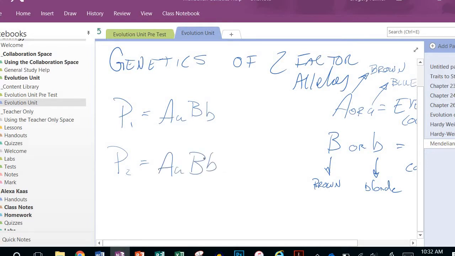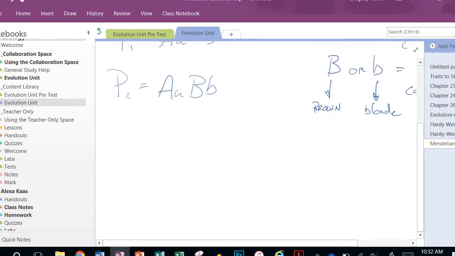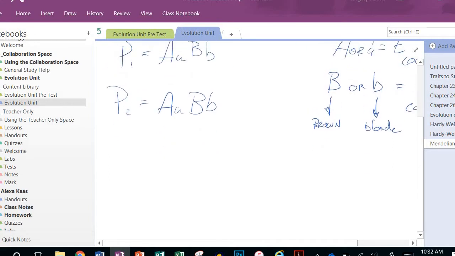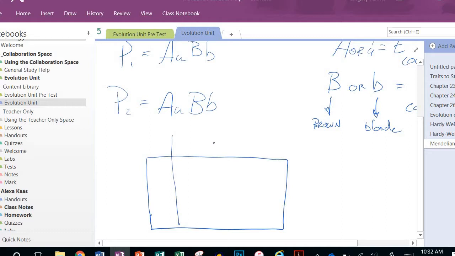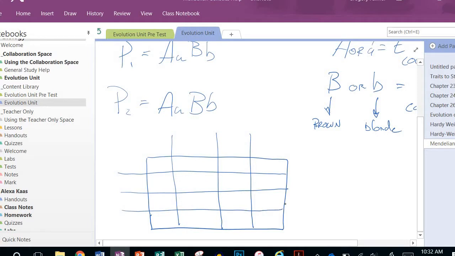And what we're going to do is we're going to factor this out. So in this type of cross, to make a larger Punnett square, try to make this as even as possible. All right, so now we have to do something which almost resembles foiling.